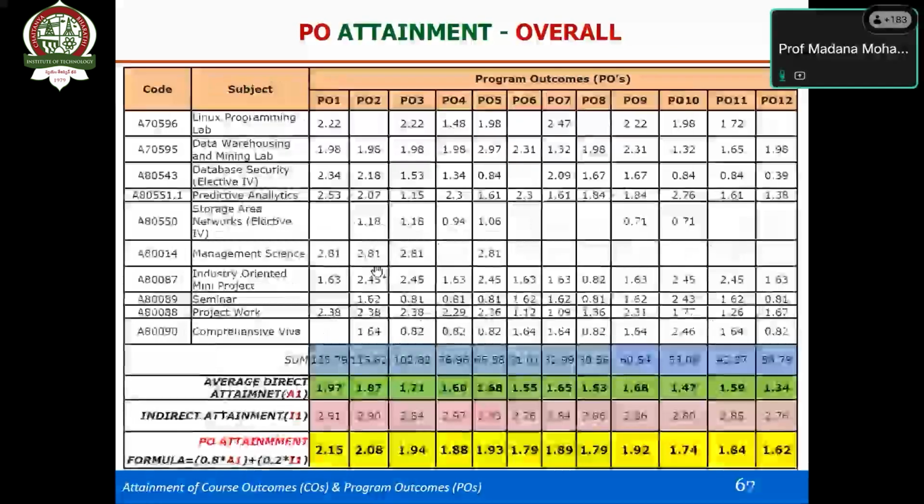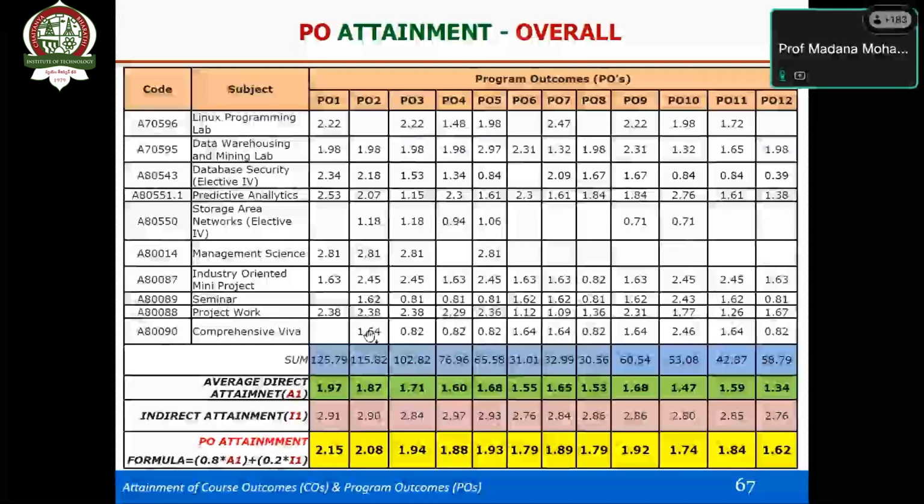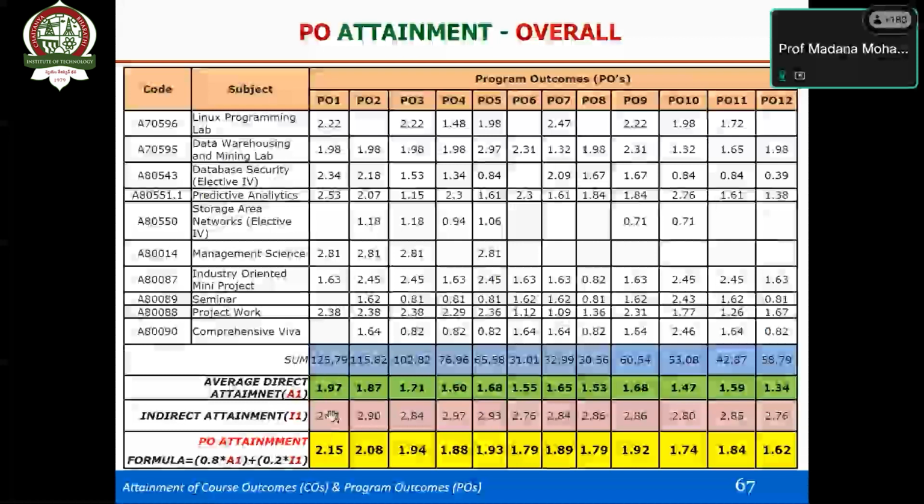Maybe the data I have taken randomly, exactly it won't be 2.51, let us assume. That value you can keep here. Then the average direct attainment value, you can take the average of PO1: 125.79 divided by the total number of courses participated. So you can calculate this value, 1.97, you will get average direct attainment, then 2.91 indirect attainment.